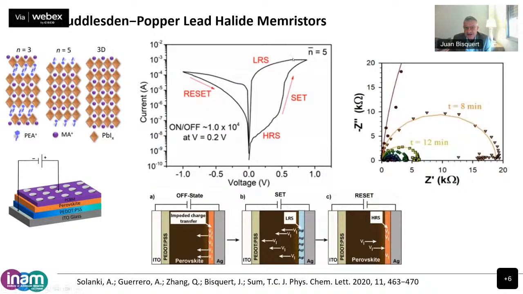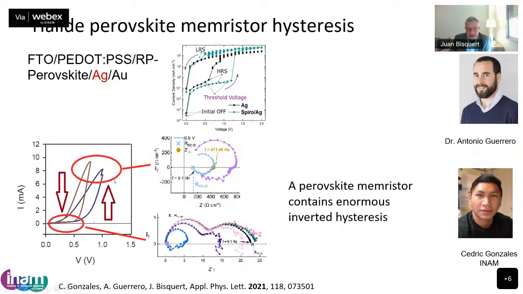big hysteresis. We can obtain different impedance characteristics, and of course, when we have the big hysteresis loop of inverted hysteresis, we have the big inductive response, and this has been shown by Antonio Guerrero and Cedric Gonzalez for the perovskite memristor.